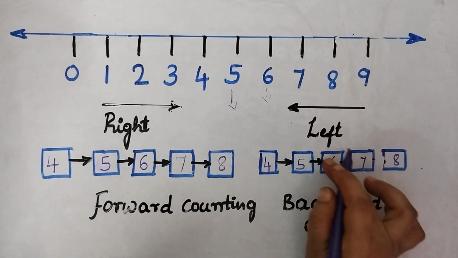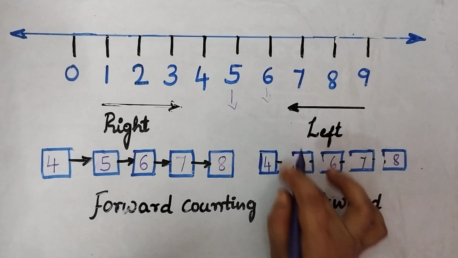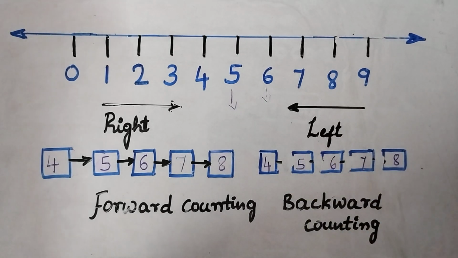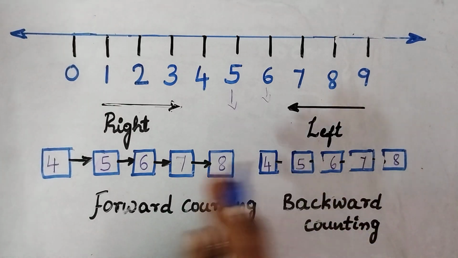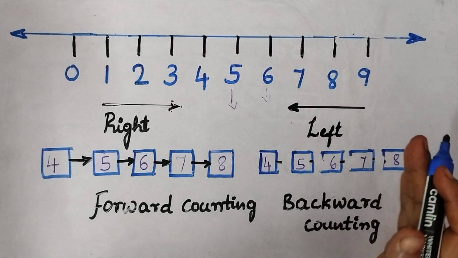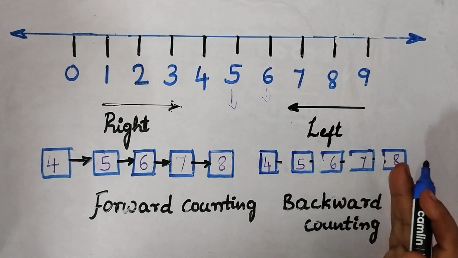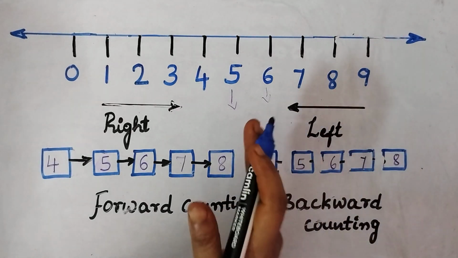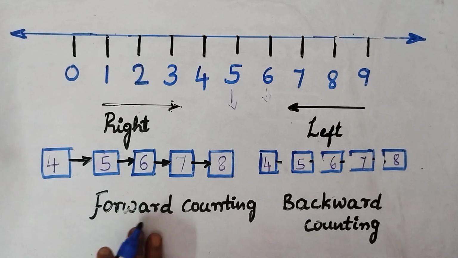Okay, so look here children. What am I doing here? The numbers from left to right side increase. Right to left, what happens? The numbers decrease. So we can call it forward counting.